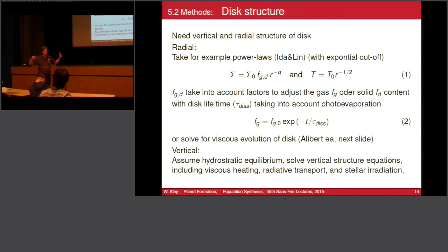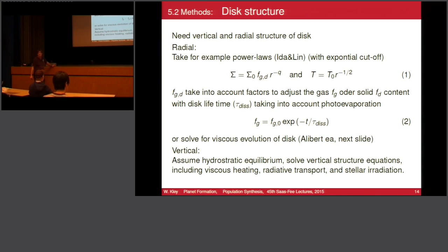It's photo-evaporated basically by stars which may be outside of the disk. So you have an outside evaporation, and you have an inside evaporation from the host star the disk is surrounding, and those lead on average to a dissipation of the disk and to a reduction in the density. So this is the correction factor, and you can see this declines in time. This is the approach, I think, of Ida and Lin.